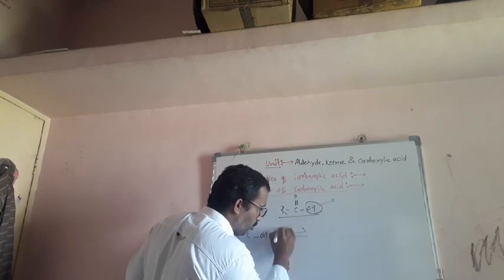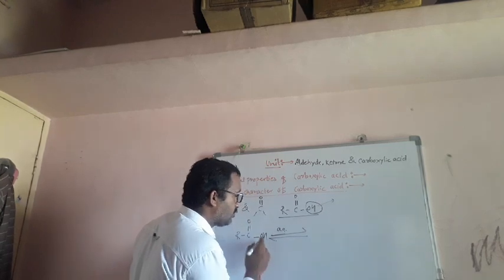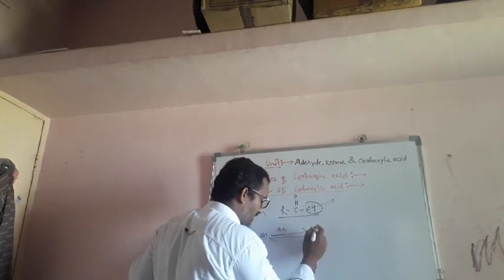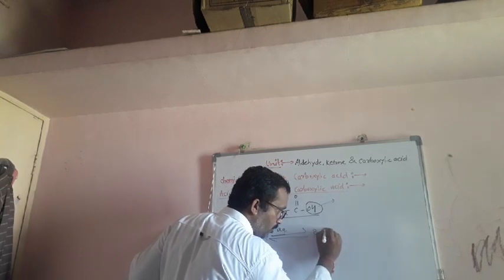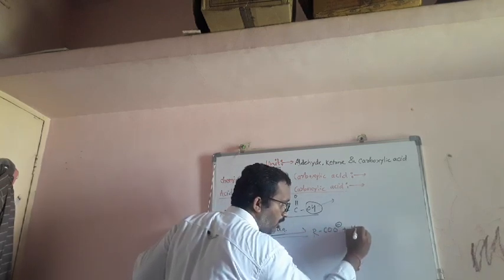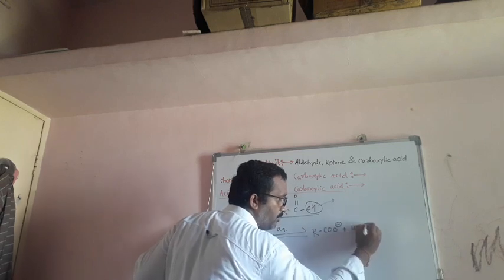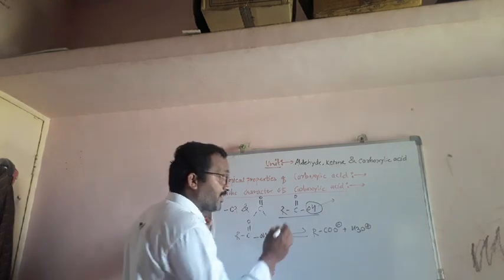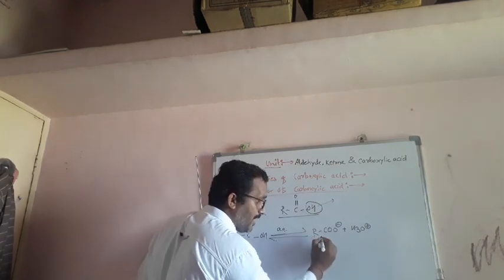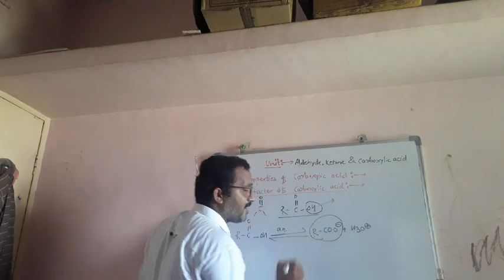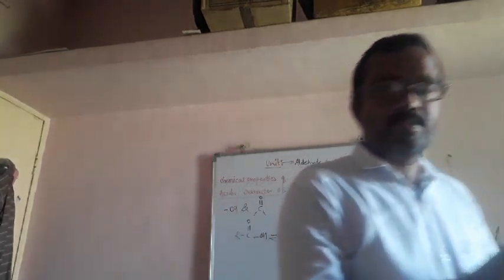In the aqueous solution, it forms a carboxylate group, RCOO minus, along with H3O plus. The strength of this carboxylic acid depends upon these carboxylate ions.